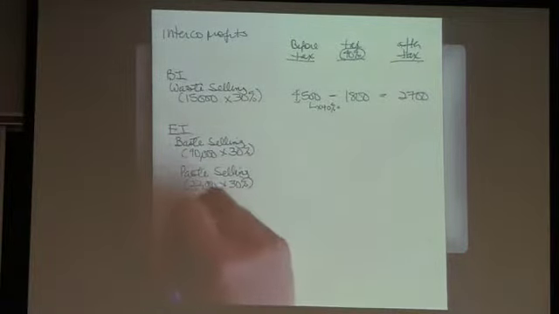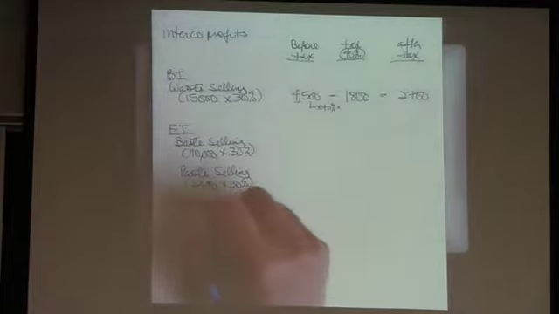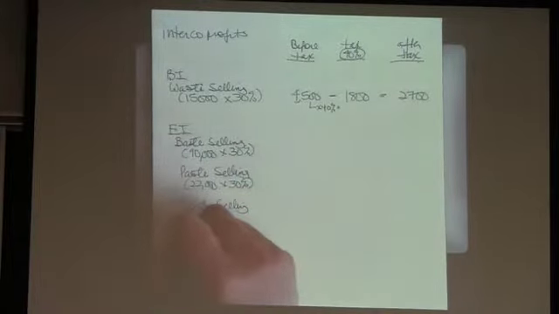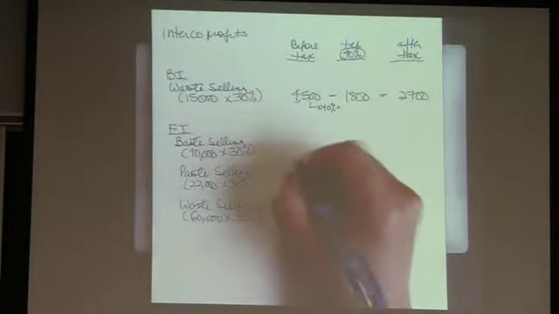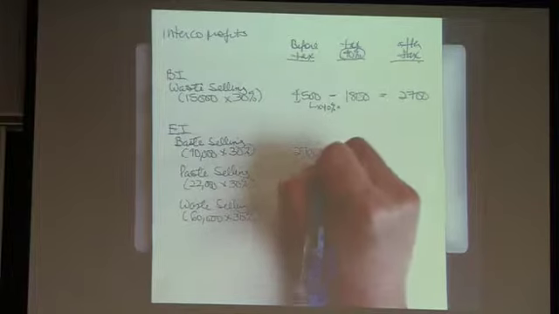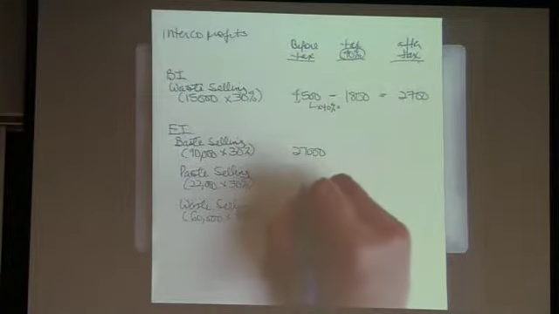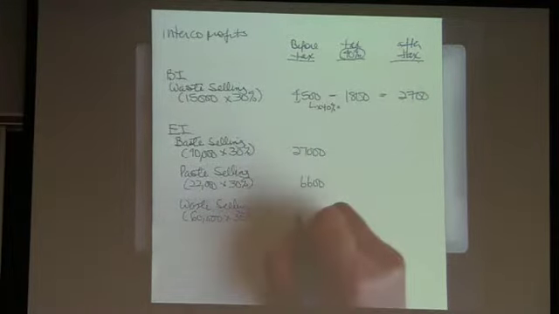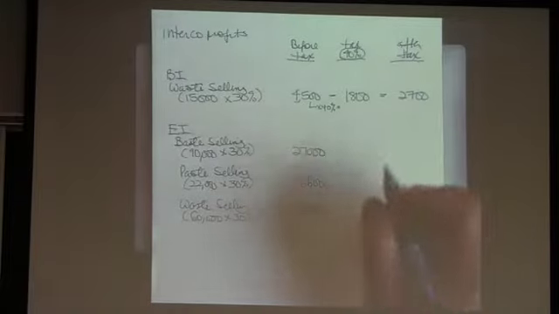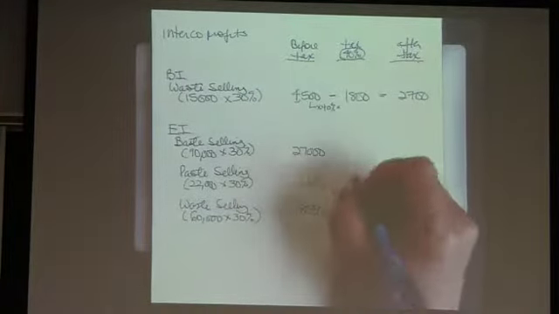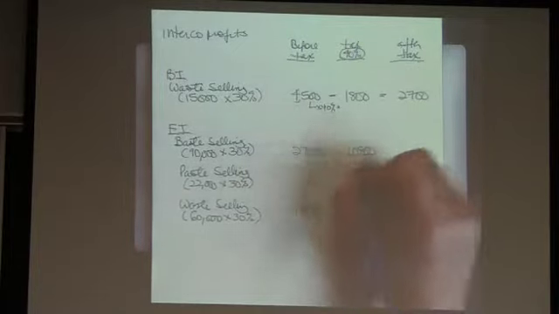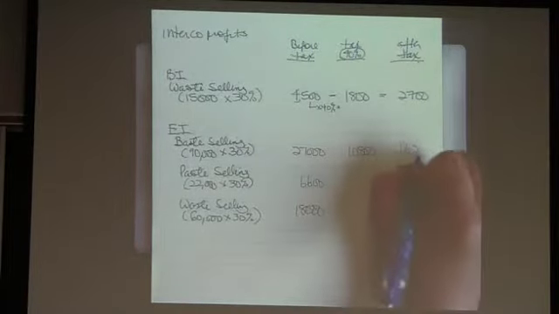And W selling. So let's translate those. This is 27,000. This is 6,600. And this is 18,000. And the tax effect on this one would be 40% times 27, which is 10,800. The net of tax would be 16,200.